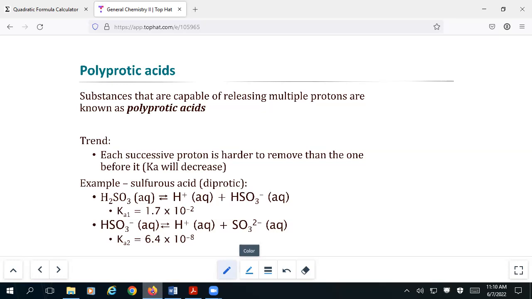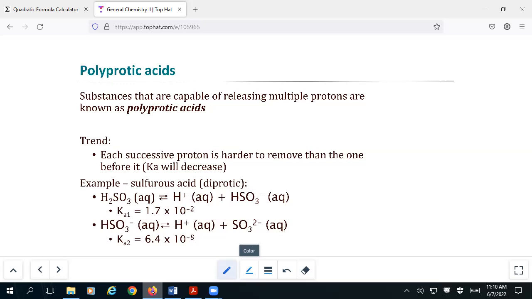And that difficulty is going to show up in the value of the Kas. The Ka for the second deprotonation is always going to be less than that for the first deprotonation. And if there's a third deprotonation, that one will be even harder still.